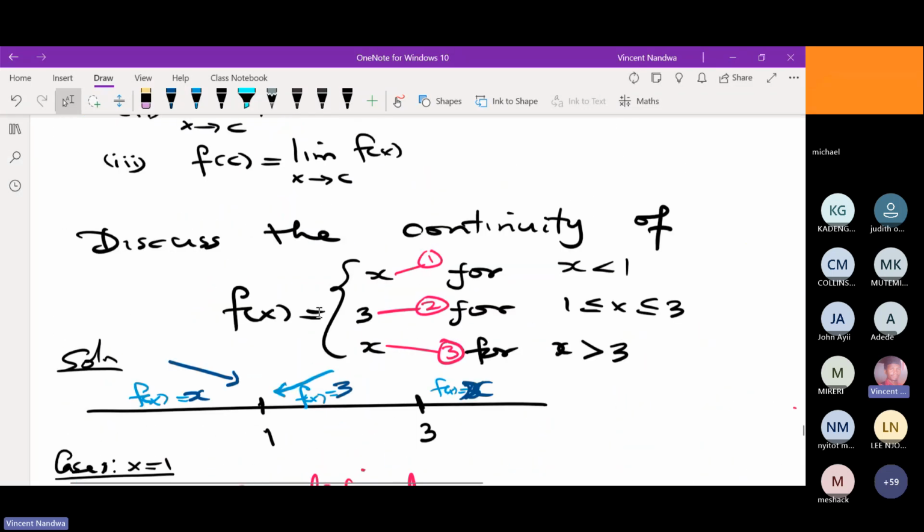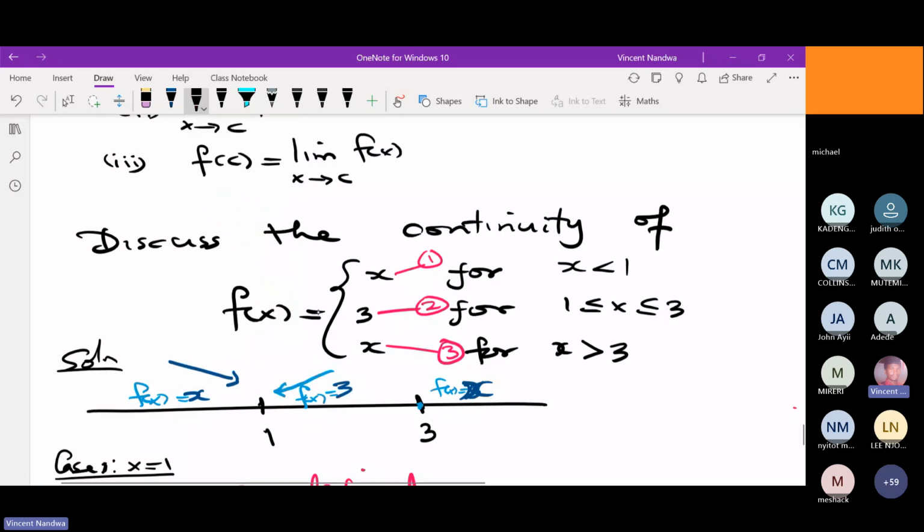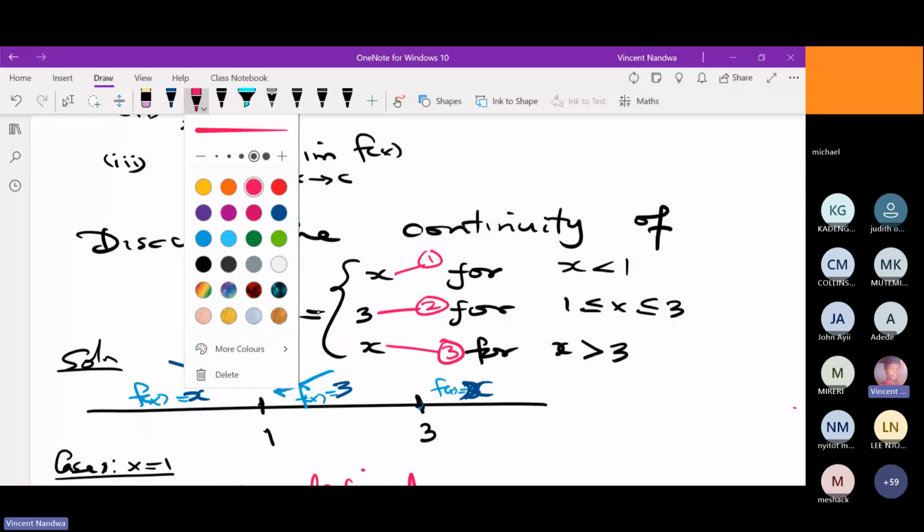Now, which of the three functions will we use for computing the limit as we approach 3 from the left-hand side? The second one, because remember, we want to approach x equals to 3, but we're moving from the left-hand side.